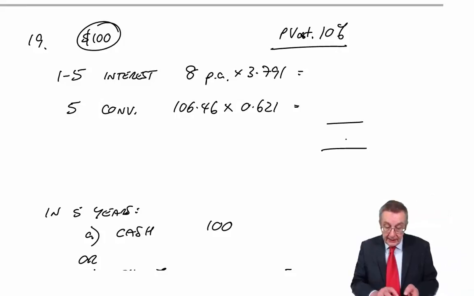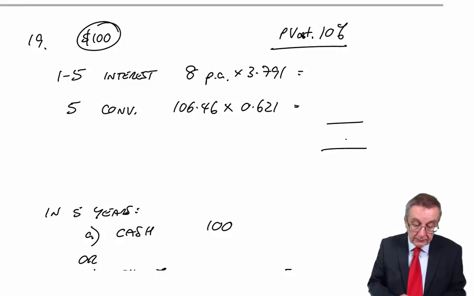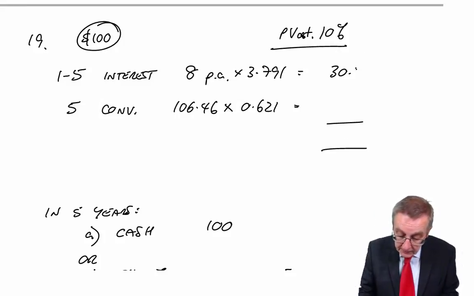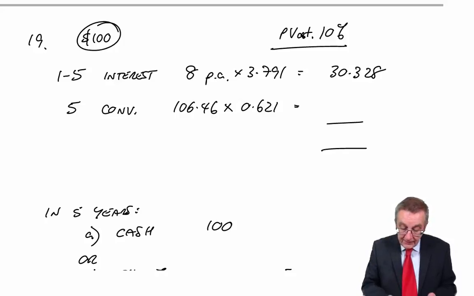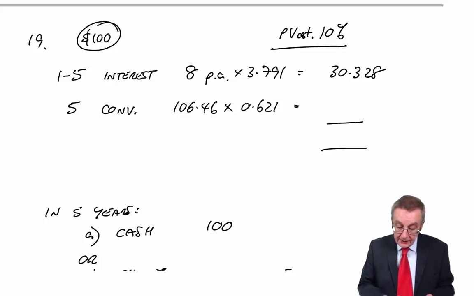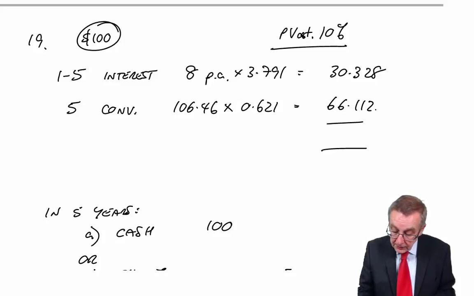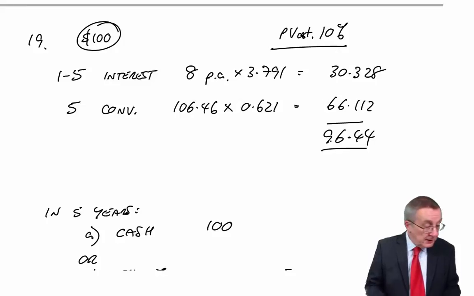And so let's do it. 8 times 3.791 comes to 30.328. 106.46 times 0.621 is 66.112. The total, 96.44 to 2 decimal places.